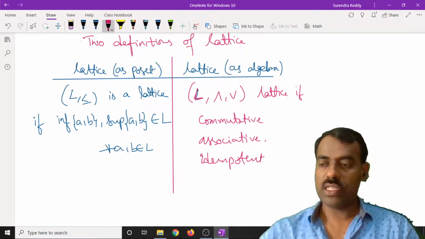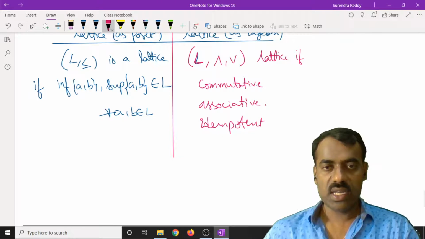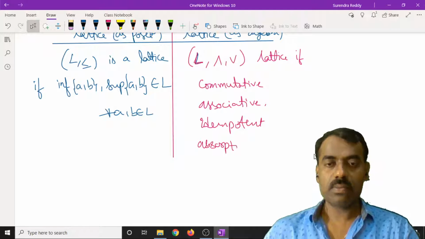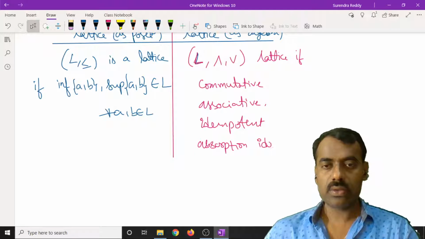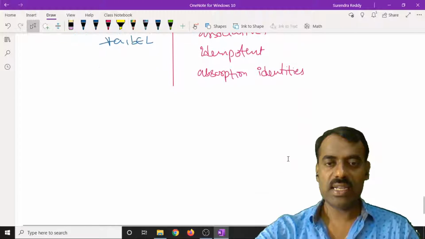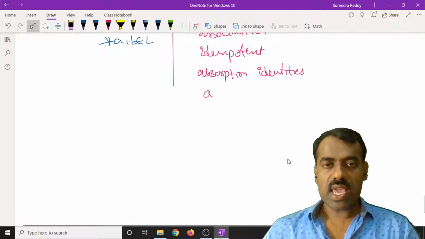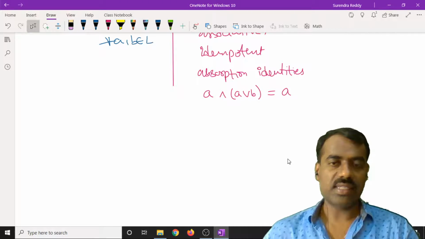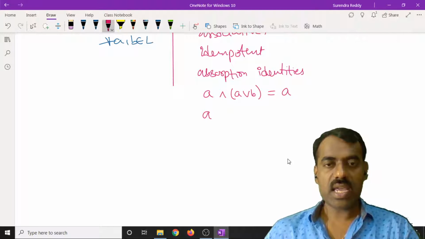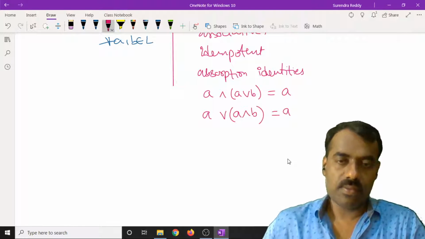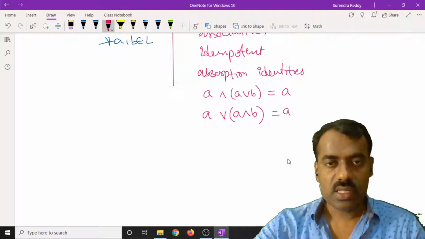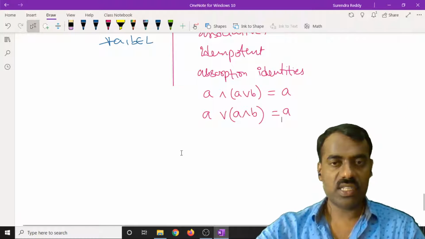So these two operations should satisfy these conditions. Not only that, they should satisfy absorption identities. Okay, what are the absorption identities? The name itself suggests that you take A, and when you meet with the bigger one, you get the same. Similarly, you take A, and when you join with the smaller one, you get again this bigger one. Okay, these are the two definitions.